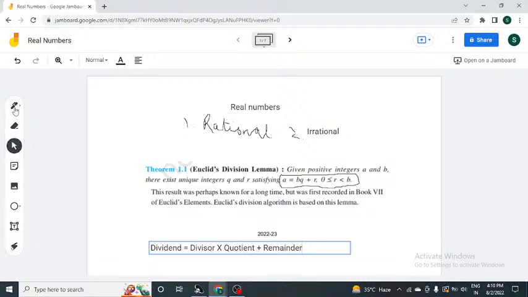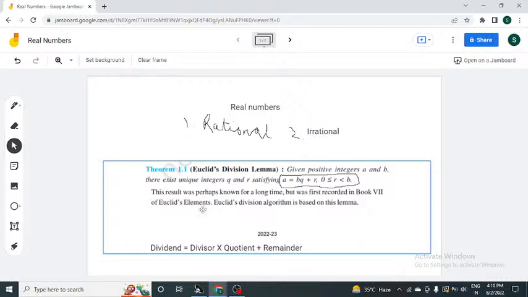Now if you look at this, the division lemma says A equals BQ plus R, where the value of R is equal to 0 or greater than 0, but it has to be less than B. That means it has to be less than the divisor.